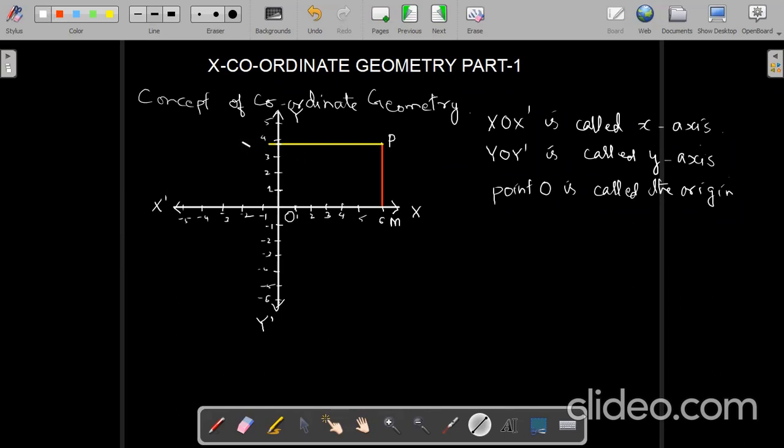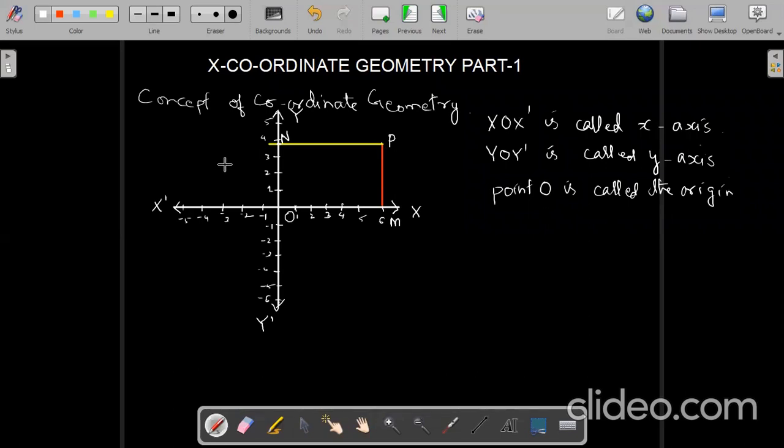This is PN, this is PM. If you see this PM, the length PM is 4 on the y coordinate.